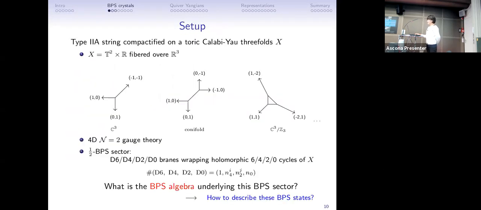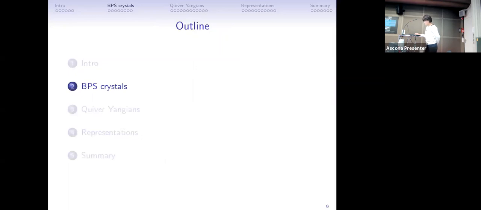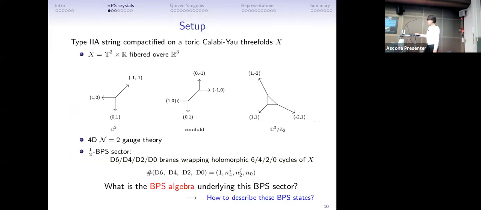Okay, so we're going to have 3 parts. I'll first explain in detail how to describe these BPS crystals, and then in the second part I'll explain the quiver Yangian, then explain the representations and also the generalization to trigonometric and elliptic.